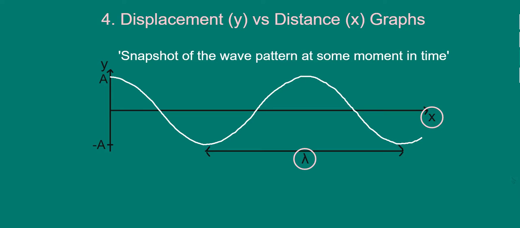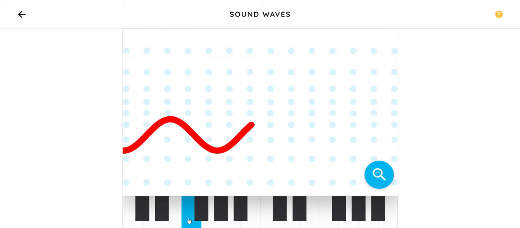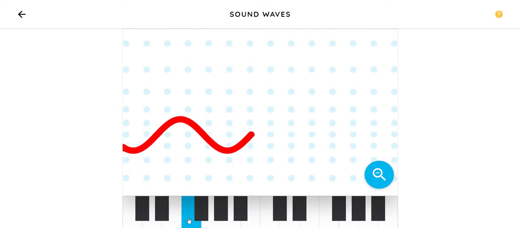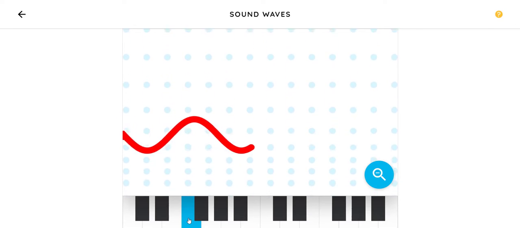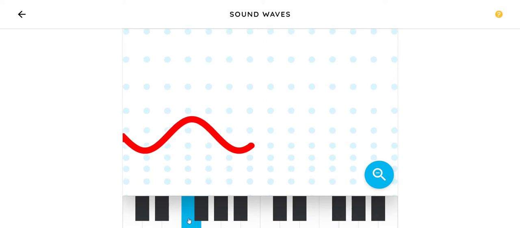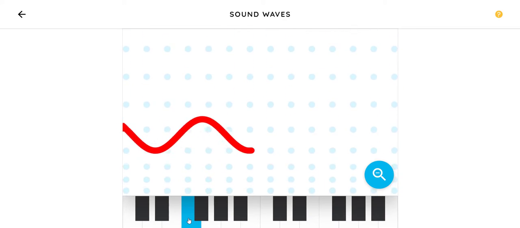To echo comments made earlier in the video, we can plot displacement time and displacement distance graphs for longitudinal waves as well as for transverse waves. To illustrate this, let's return to the sound wave simulation we saw earlier. You can see that as the particle oscillates up and down about its equilibrium position, its displacement is traced out, i.e. a displacement time graph of its motion is generated.